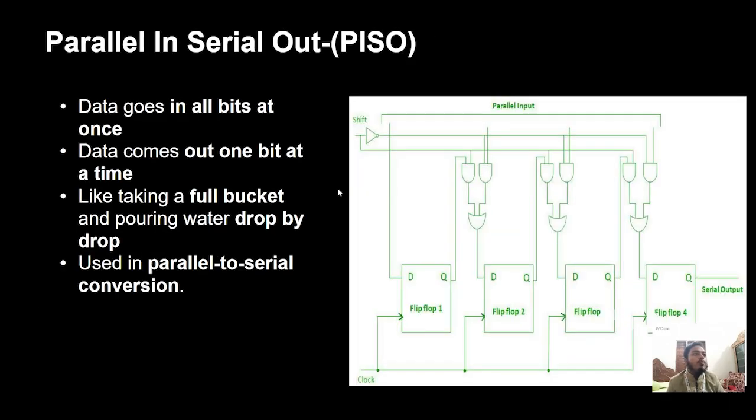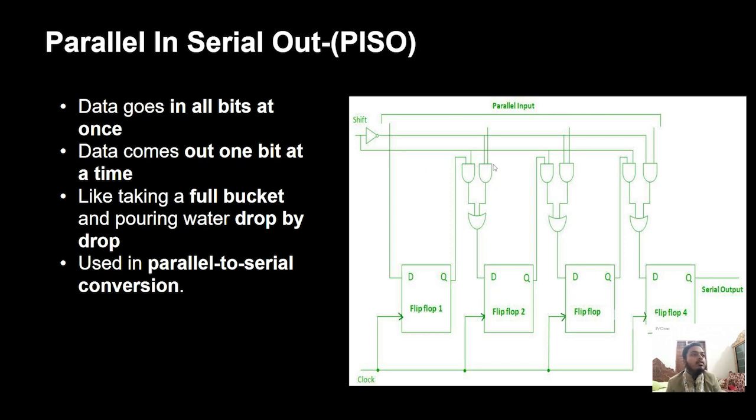Next, we have the PISO register, which stands for Parallel Input Serial Output. In this register, data is loaded all at once through multiple parallel input lines. After the parallel loading, the register begins shifting the bits out one at a time through the serial output.